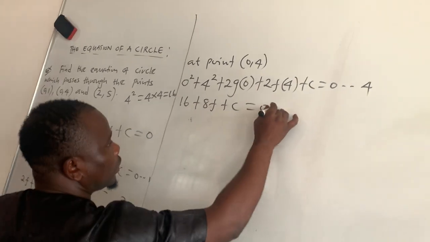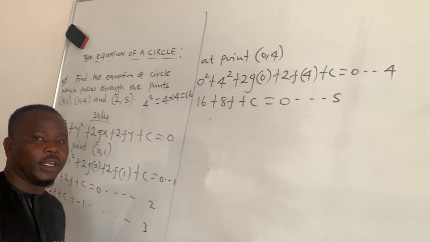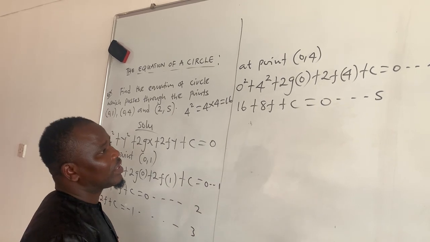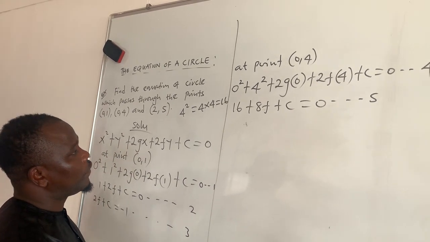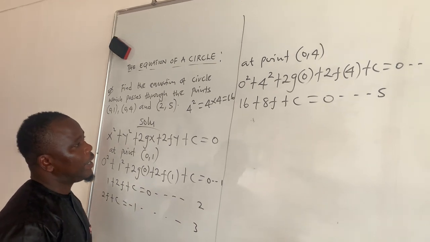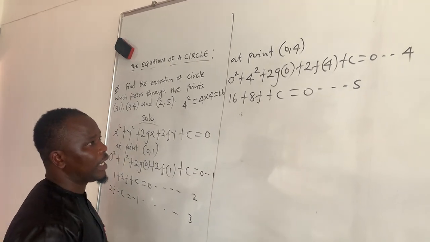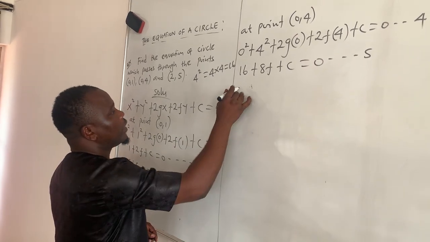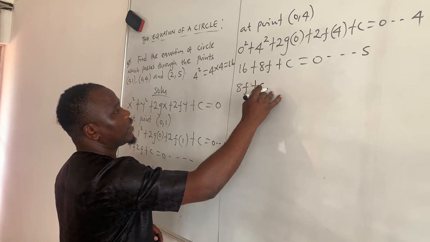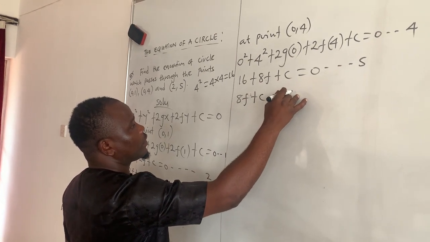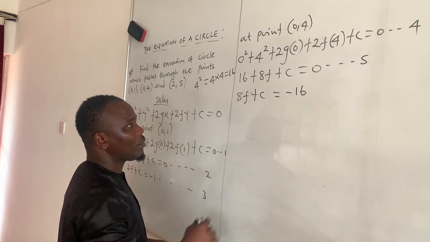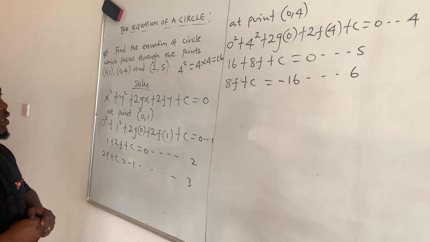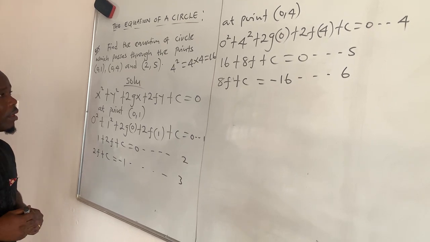We call this one equation 5. Then we can rewrite equation 5 by subtracting 16 from both sides. We are going to have 8f plus c equals to minus 16. This is equation 6. Do you understand? Okay.